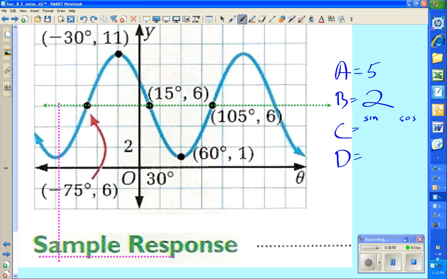And the easiest of all of these to find is D, and how do you get that? Or easier than that, look at the point on the axis. Any of these points that are identified on the axis.